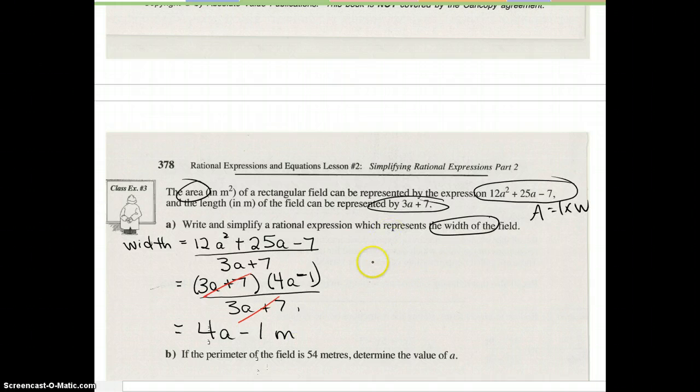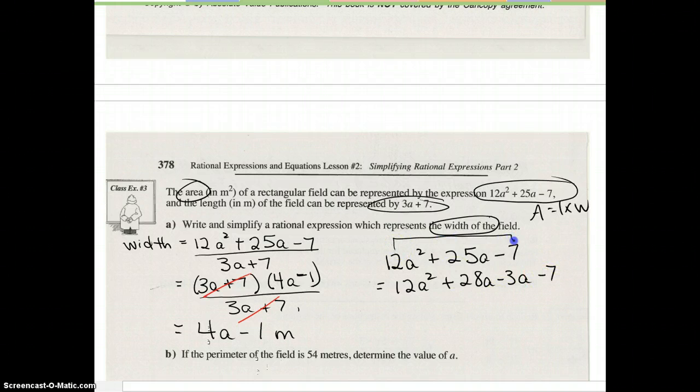Now if you want to have a look over here at this side, I'm just going to do this real quick. How did I get my factors? One more time, I'm just going to show this to you in case you need to look at this a little bit later. So I broke up the middle term, and I did 28a minus 3a minus 7, and remember that came from me multiplying those two outside numbers together and finding the factors.